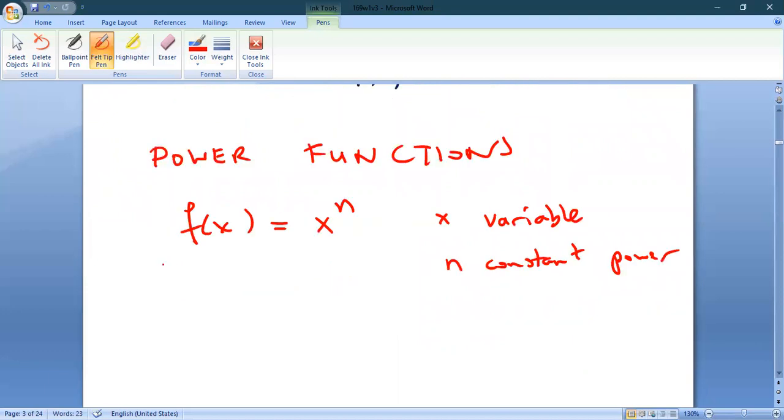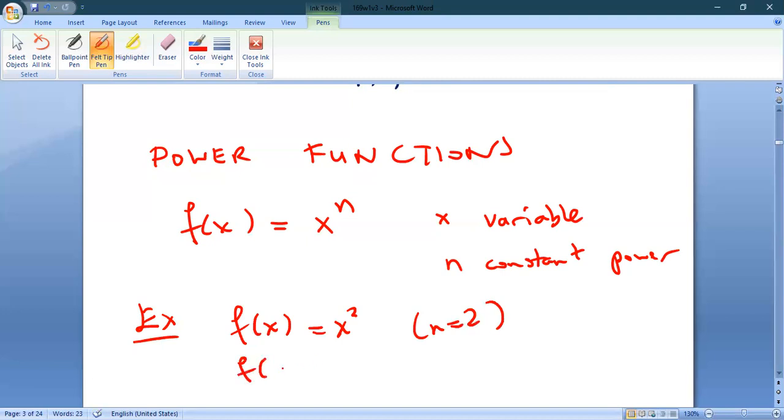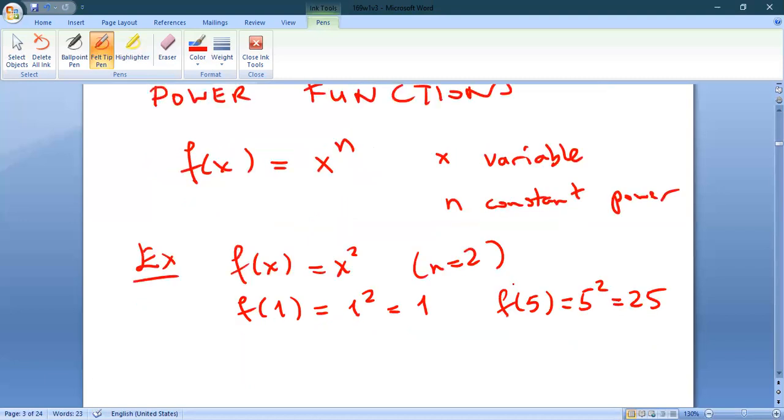So for instance, if we have, let's say, f of x equals x squared, as you see, n is 2 here, and if I have f of 1, then 1 squared will be 1. If I have f of 5, then 5 squared will be 25. So this is how it works.